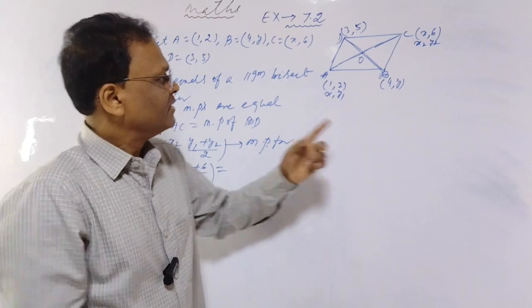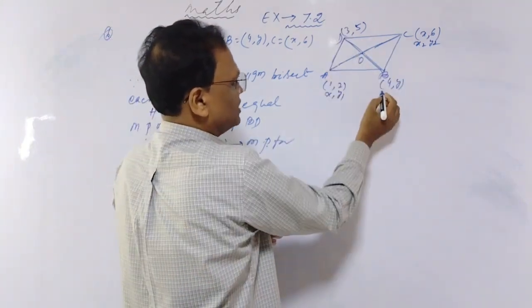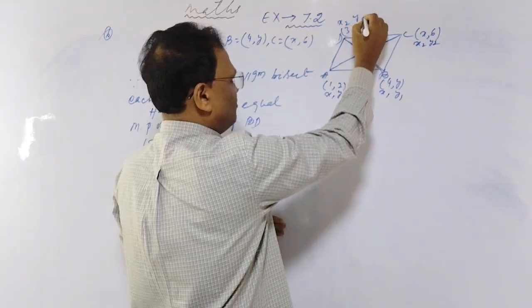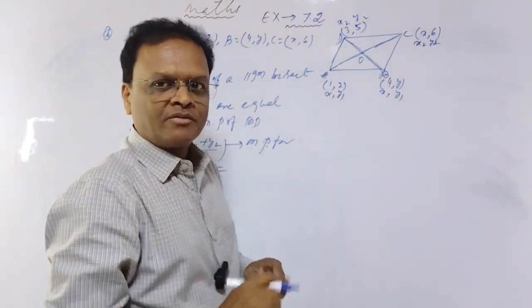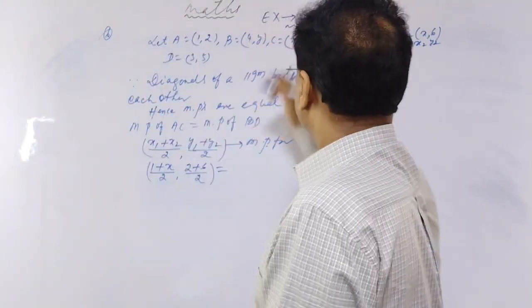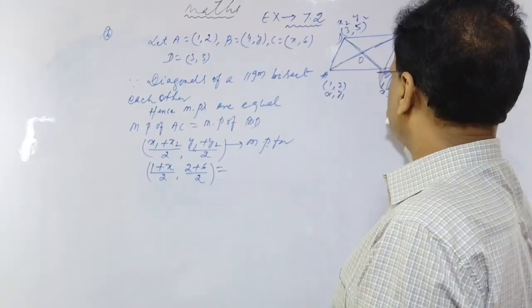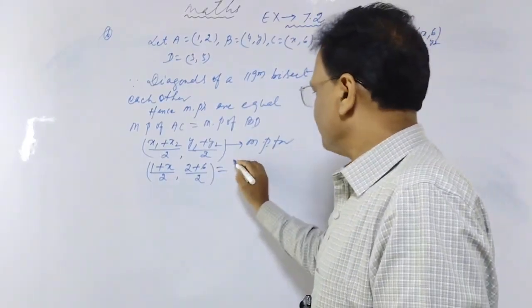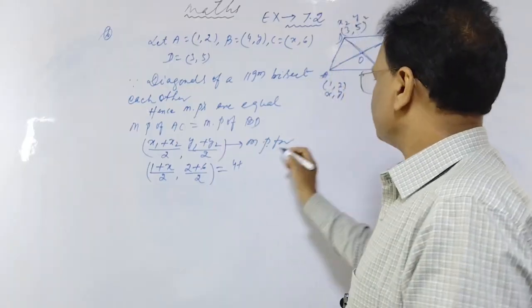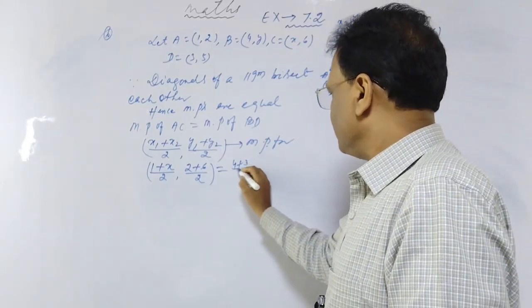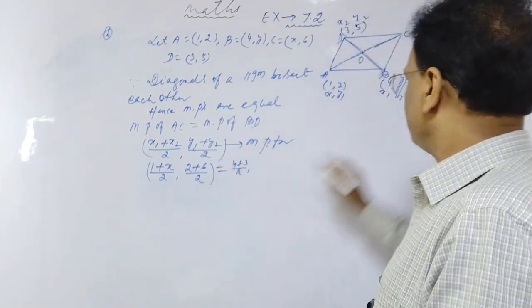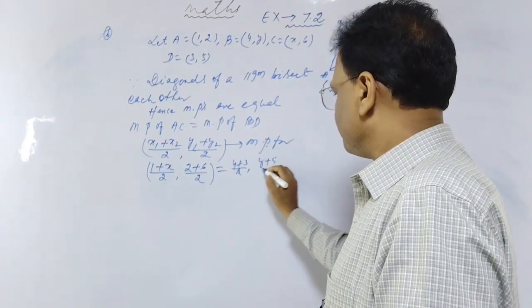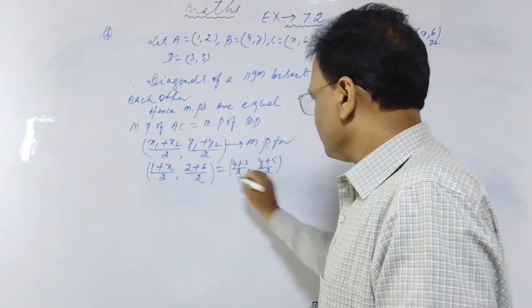Now the midpoint of BD. So x1, y1, x2, y2. Apply the same formula. x1 plus x2 means 4 plus 3, divided by 2, and y1 plus y2, y plus 5 divided by 2.